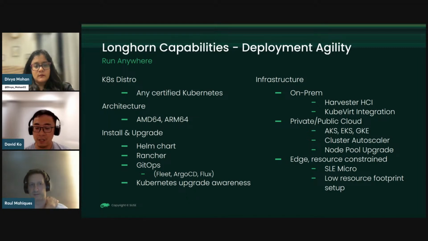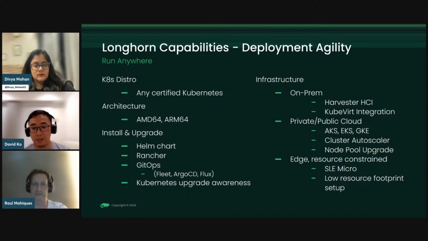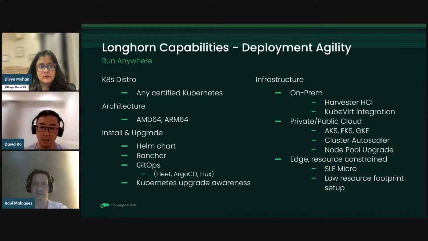But beyond that, public cloud Kubernetes can also provide more scalable features like cluster auto scale and node pool upgrade, and Longhorn also supports that. So simply said, Longhorn can support the public cloud, especially with certified distros. But if not certified, you can still try it and give us feedback if you have any issue. And let's talk about the last one, edge.